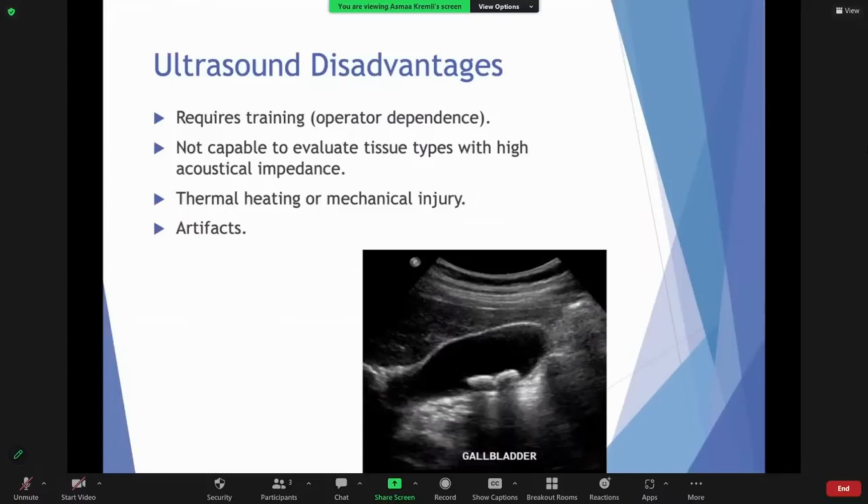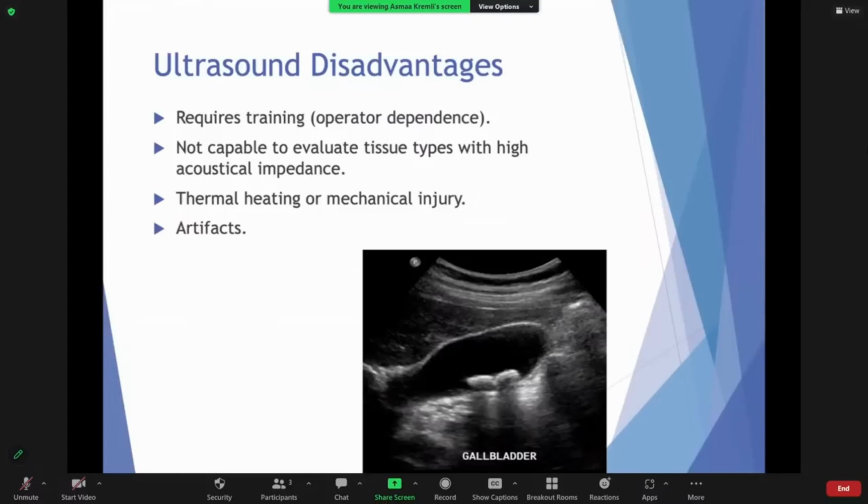That's why we use ultrasound of the head in pediatric patients, because the anterior fontanelle is still open, so we can actually do ultrasound images of the brain. But as the human grows up, that fontanelle will close, so we will not be able to evaluate brain parenchyma using ultrasound.